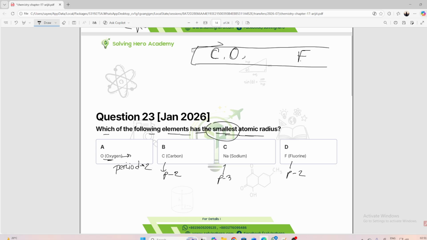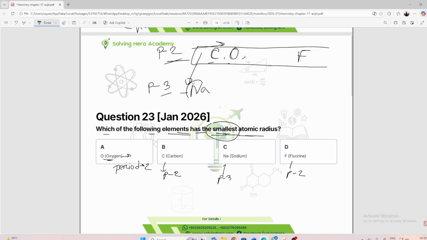They are in the same period, and if you go up to down, you will find sodium. So carbon, oxygen, fluorine are in period 2 and sodium lies in period 3.